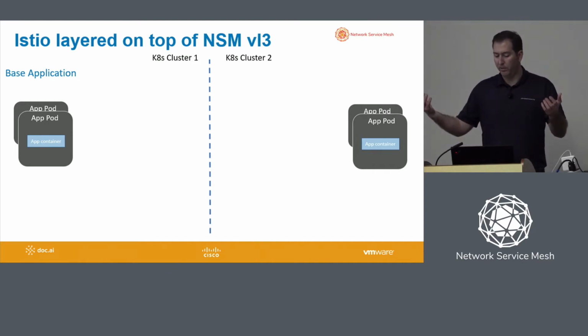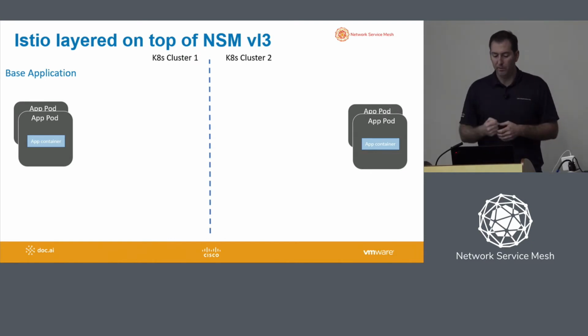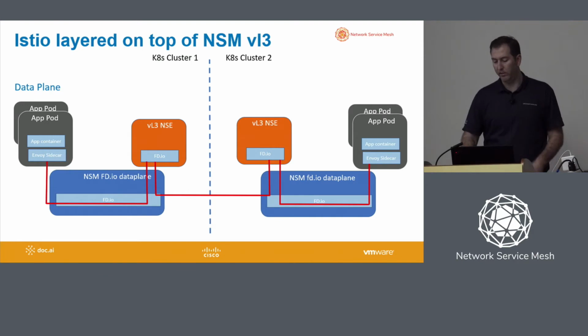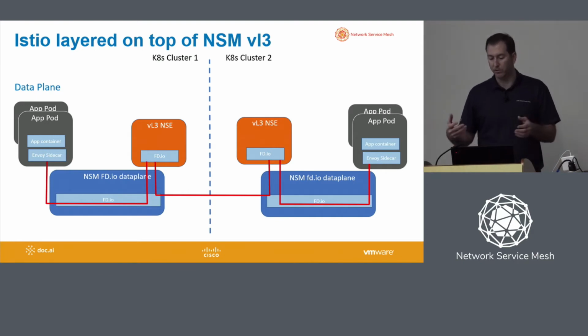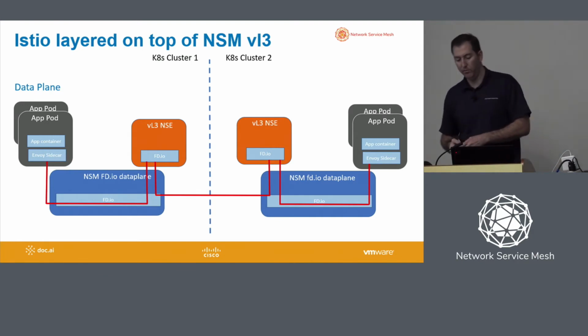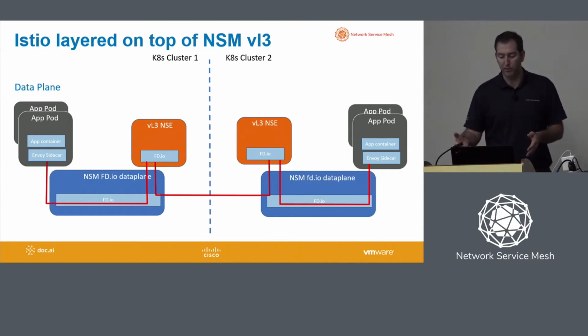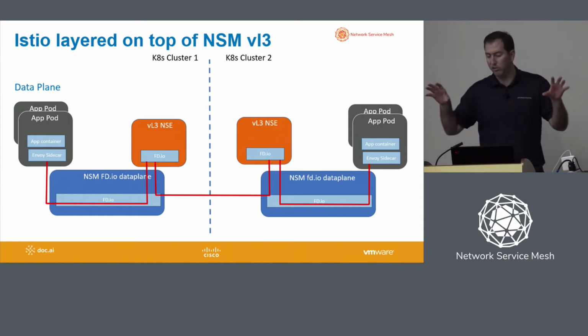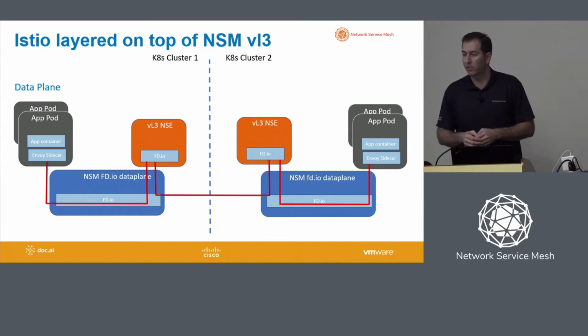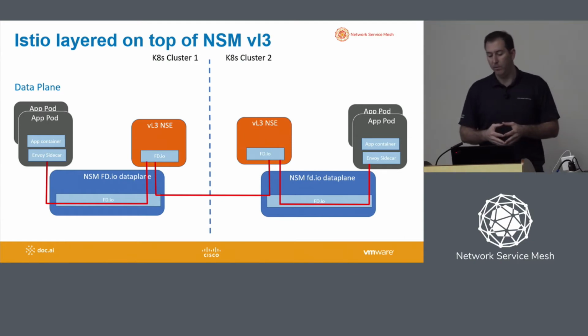Again, this is our topology with two clusters. You have your application pod with its app container, workload container, and then we would have the Envoy sidecar injected by Kubernetes, by the Istio admission webhook.